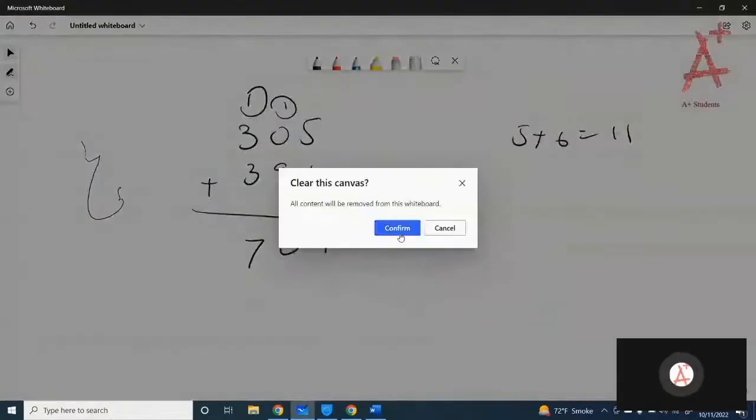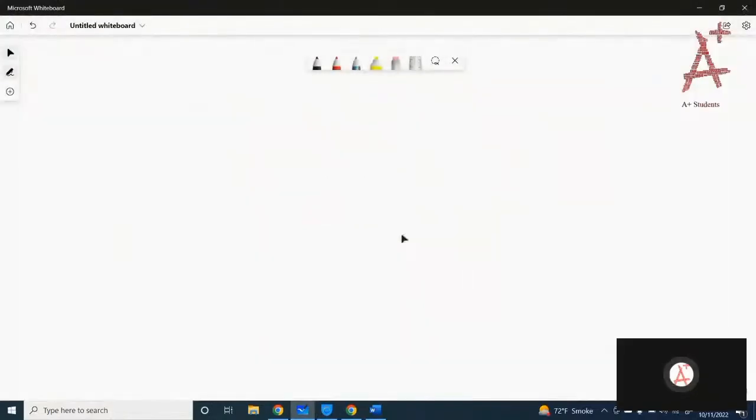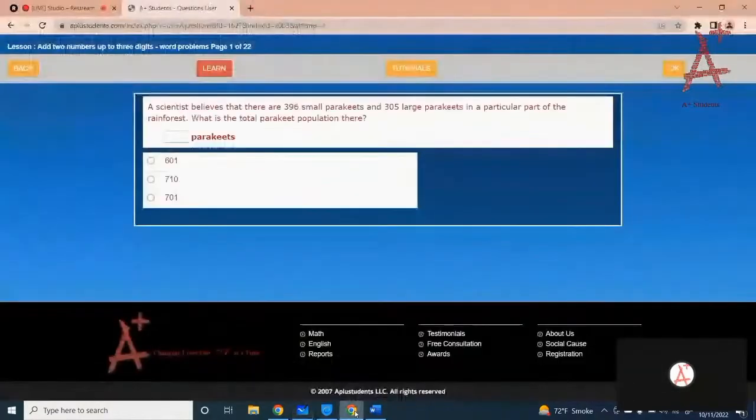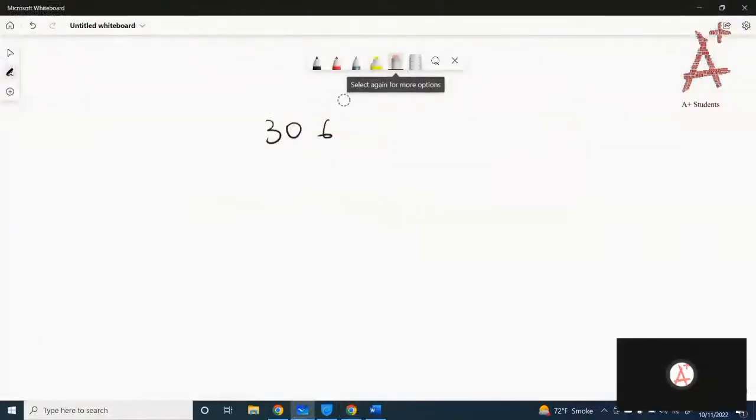So we always start adding from the ones digit. So just add 305 and 396. Got it? So 5 plus 6 is 11.